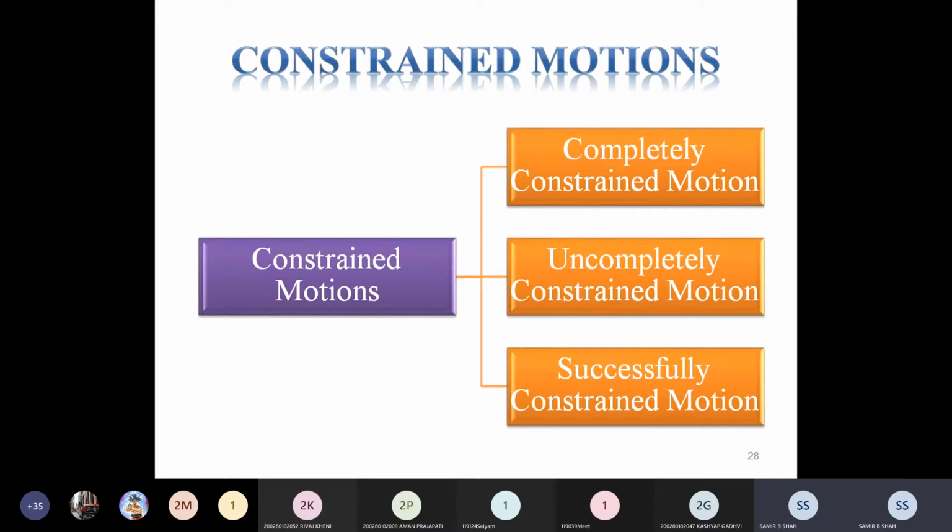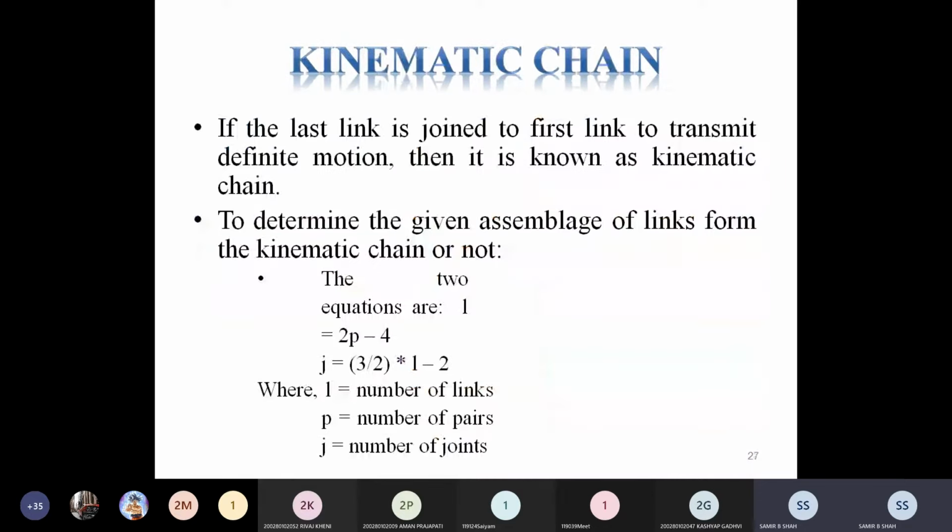But in the equation L = 2P - 4, L is on the left side and 2P - 4 is on the right side. In the same way, in J = (3/2)L - 2, J is on the left side and (3/2)L - 2 is on the right side.